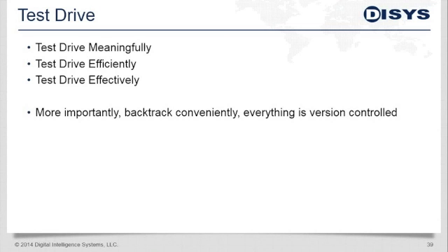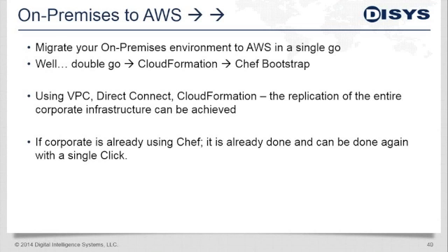And on-premise to AWS migration. Here there are three states we can assume: an existing organization making use of CloudFormation alone, an existing organization making use of Chef alone, or an existing organization which hasn't any cloud practice altogether.